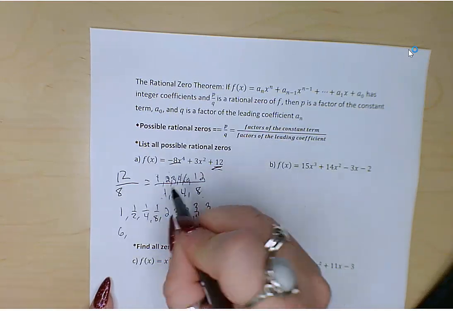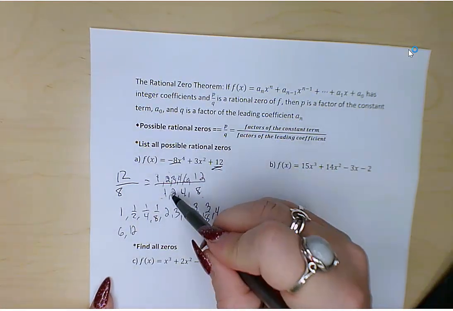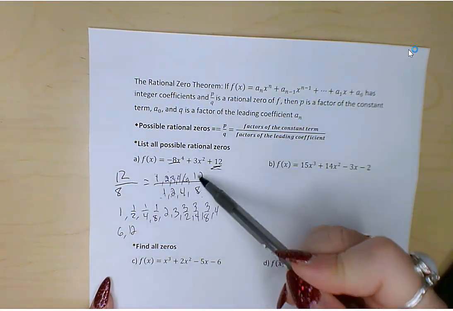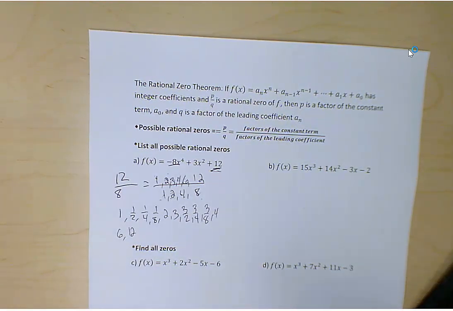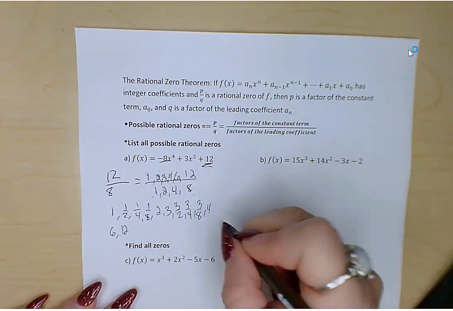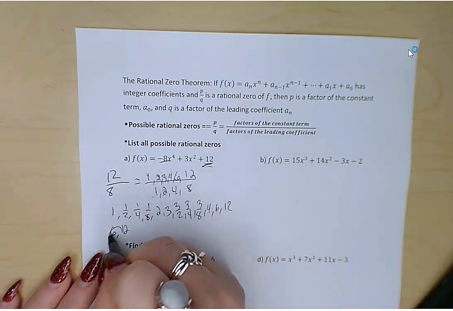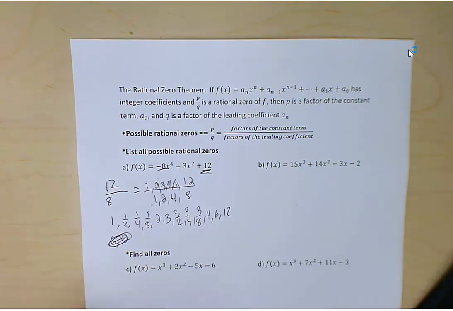Doing 12. 12 over 1 is 12. 12 over 2 is a 6. 12 over 4 is a 3, and 12 over 8 is a 3 halves. We already have that. So this is our list. I'm going to go ahead and add the 6 and 12 there, just so I have it all in one full line.